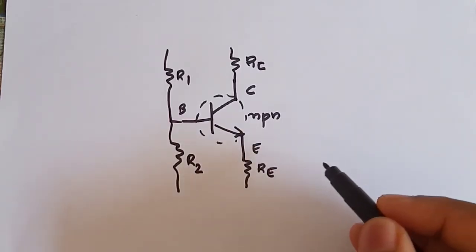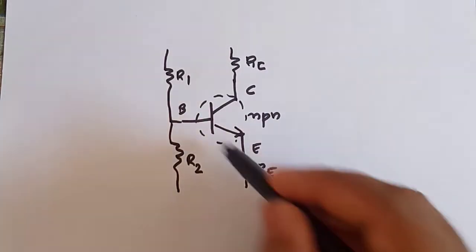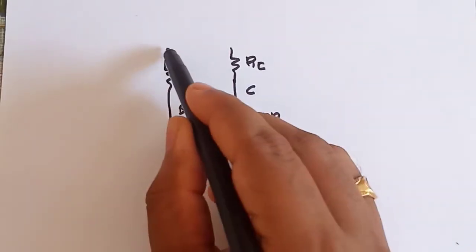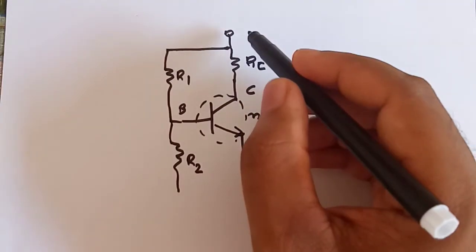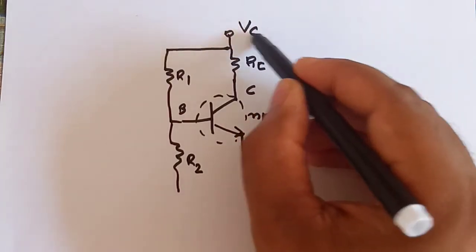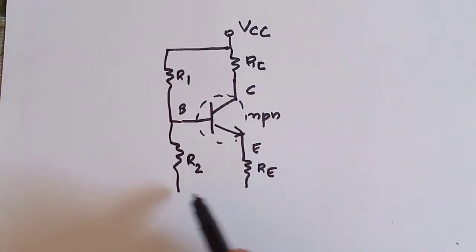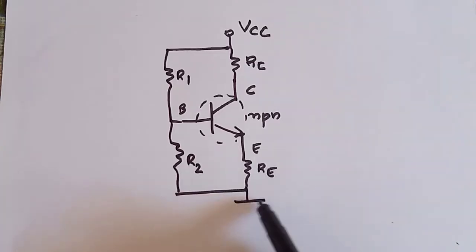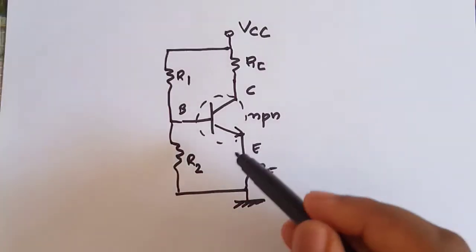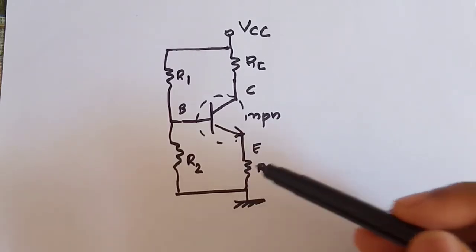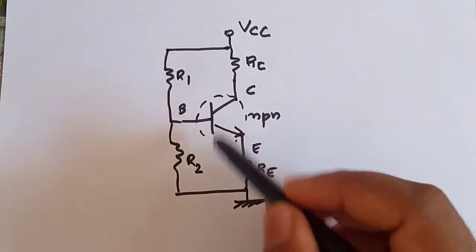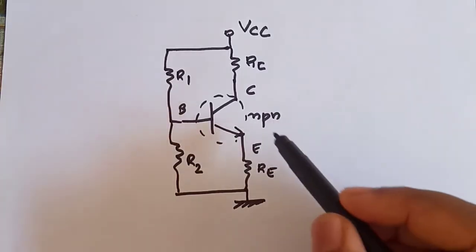It is used to set the initial operating condition of the transistor, and it is connected to a DC supply, VCC, and in common emitter configuration the emitter is grounded. Okay, this is the voltage divider bias circuit. That's the second thing we need to draw.